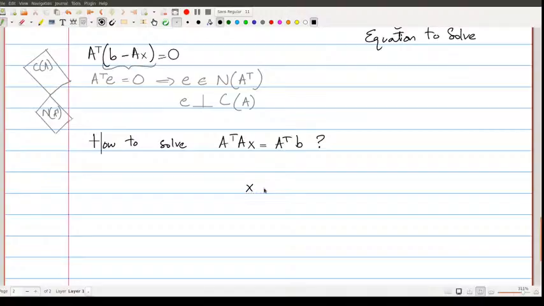So we can just write X equals, taking this matrix on the right hand side, A transpose A inverse times A transpose B.